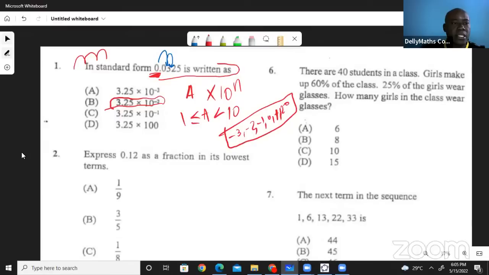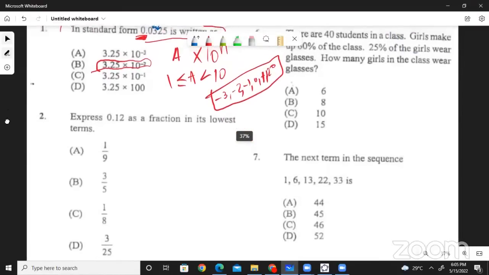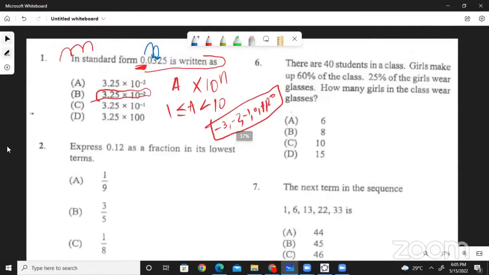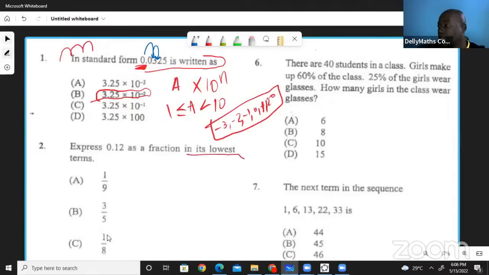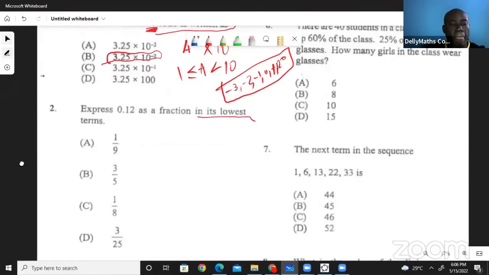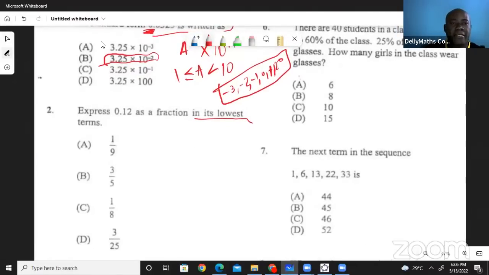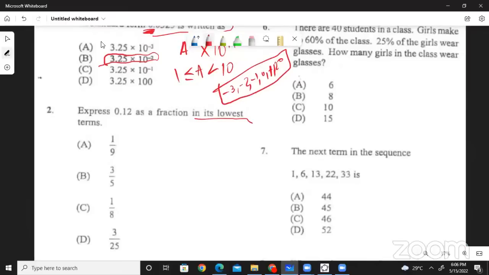The second question says, express 0.12 as a fraction in its lowest term. Anybody has that answer? All right, guys.